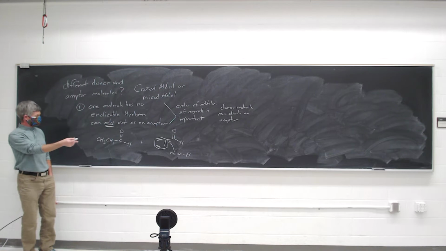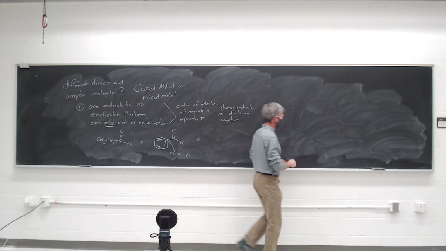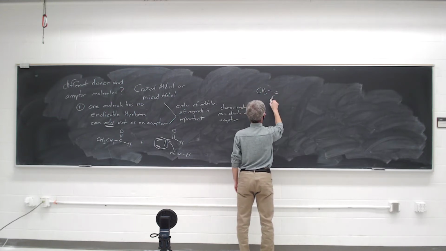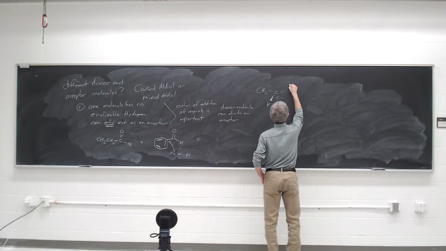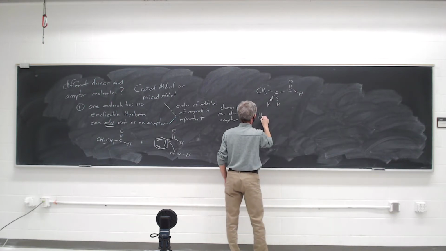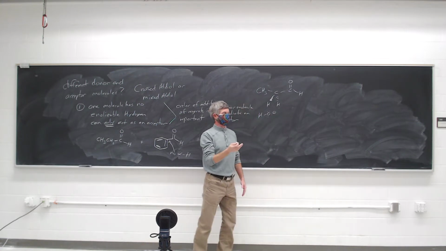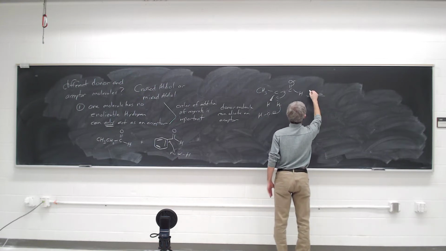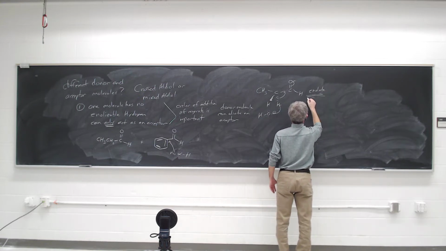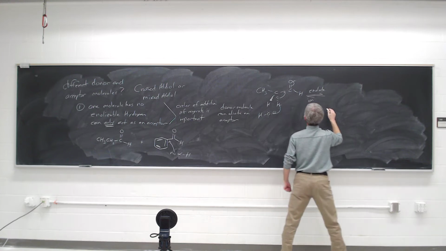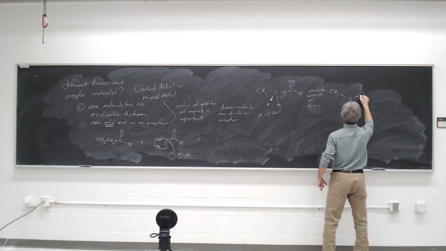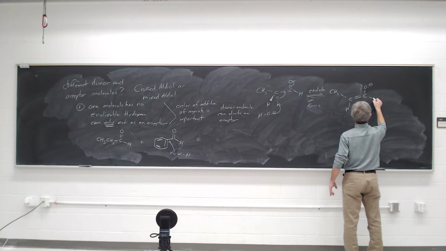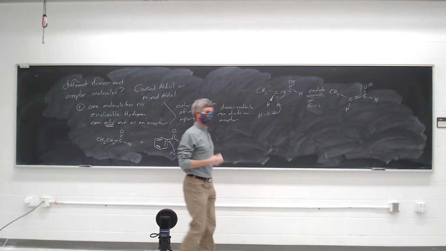So what we're going to do is we're going to add base to our compound. And only one enolate can form because there's only one kind of alpha hydrogen. So we got that enolate ion.